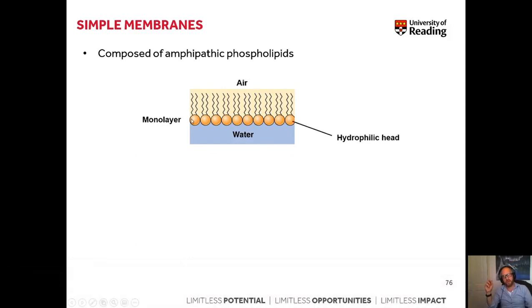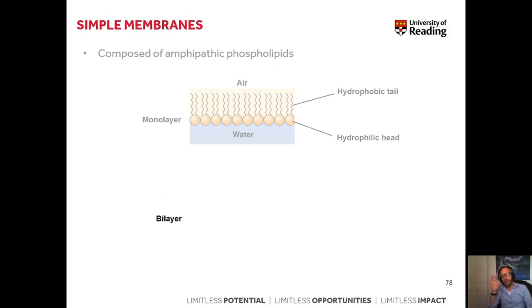What you can see here is the hydrophilic head, which likes water, so it generates a membrane on top of the water. And there is also a hydrophobic tail, right? So the tails don't like water, therefore on the surface of water they are highly organized.